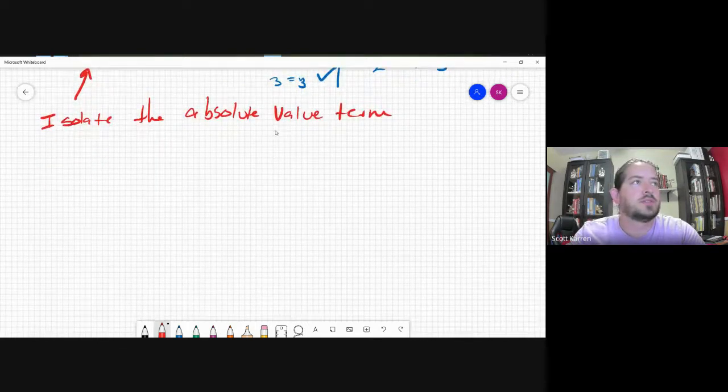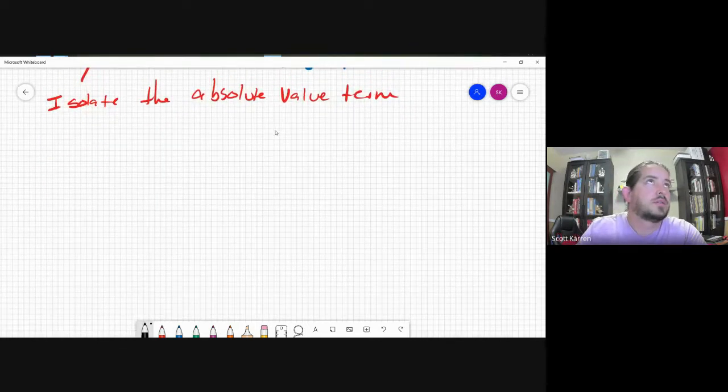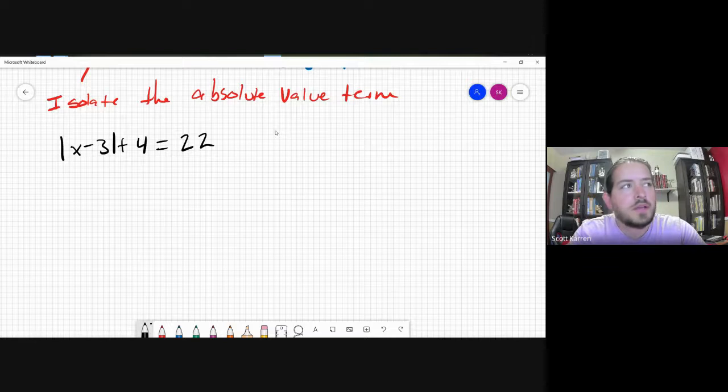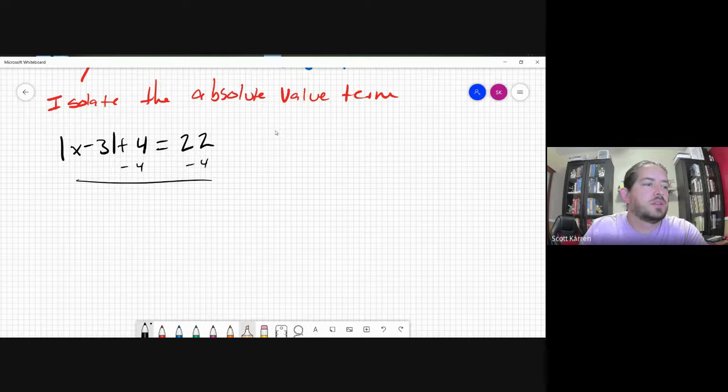So for example, if I have that, I can subtract this 4, but I can't do anything with this -3 in here. This whole expression is just kind of stuck in the absolute value, and you're trying to isolate the entire absolute value expression. I just want all of that by itself. So I subtract 4 to get the absolute value all by itself.